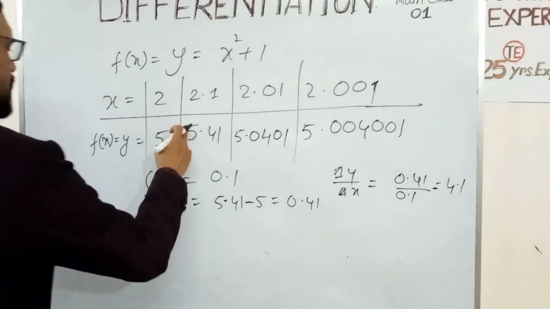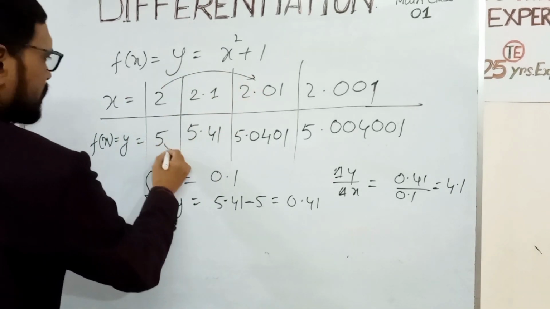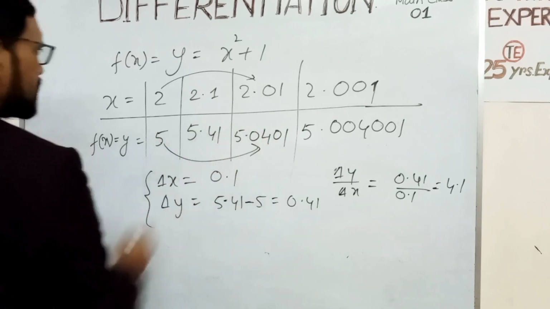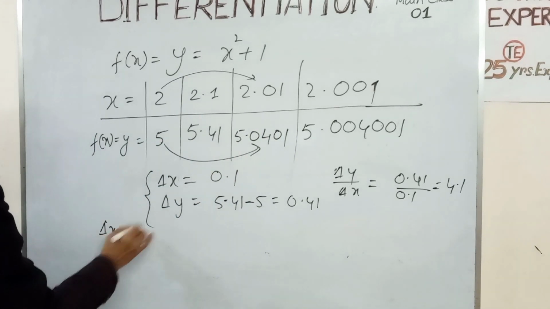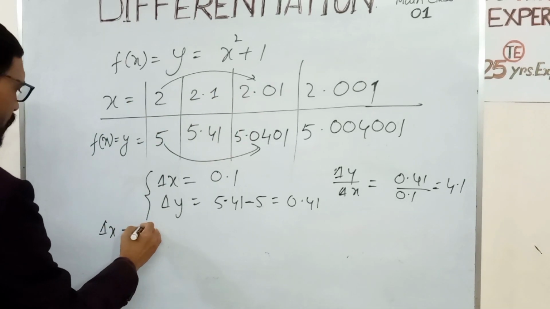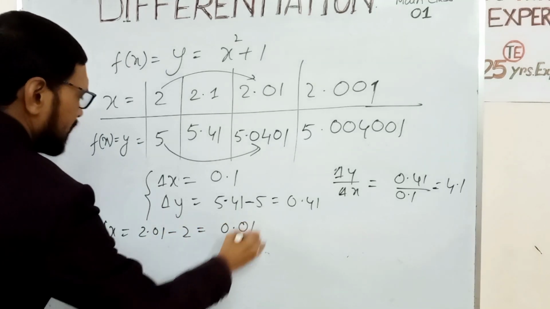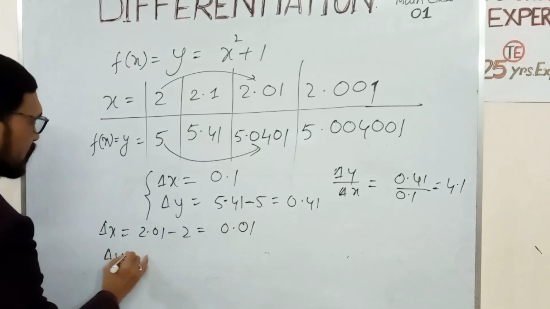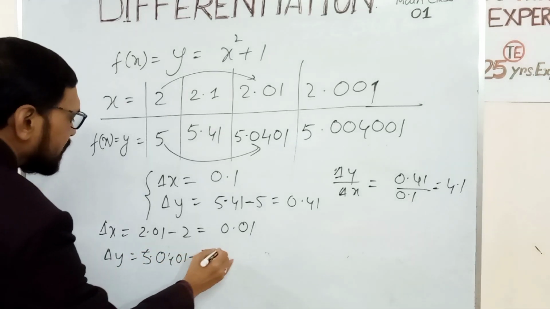Now if we increase from this to this, then y becomes this to this. So for this interval, delta x is equal to this minus this, that is, 2.01 minus 2, and delta y becomes 5.0401 minus 5.